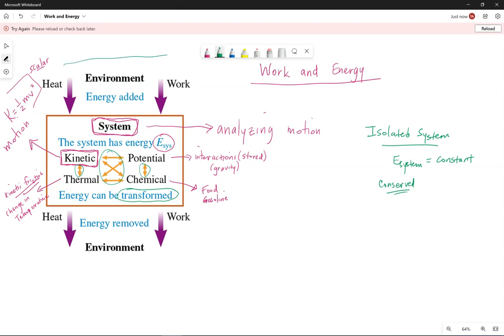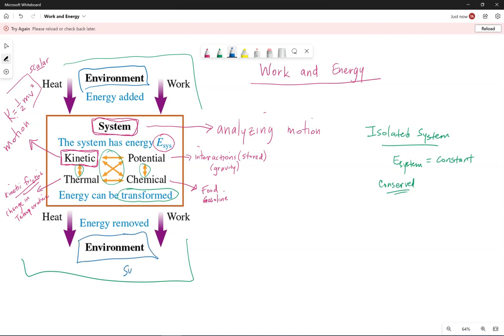Now, this diagram is not representing an isolated system. What we're seeing is there's an environment, some sort of surroundings, something outside of the system.